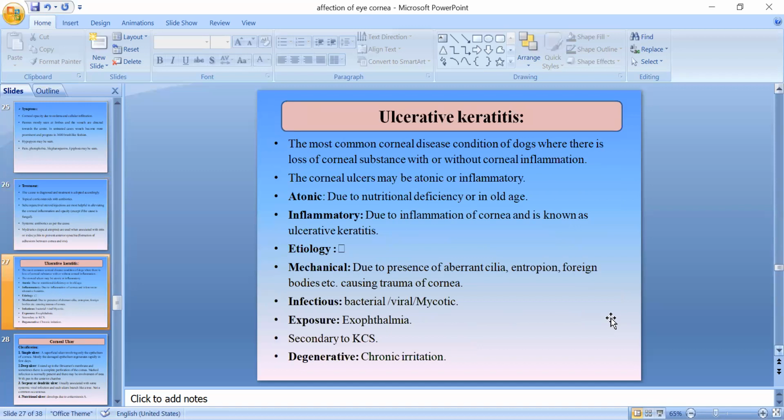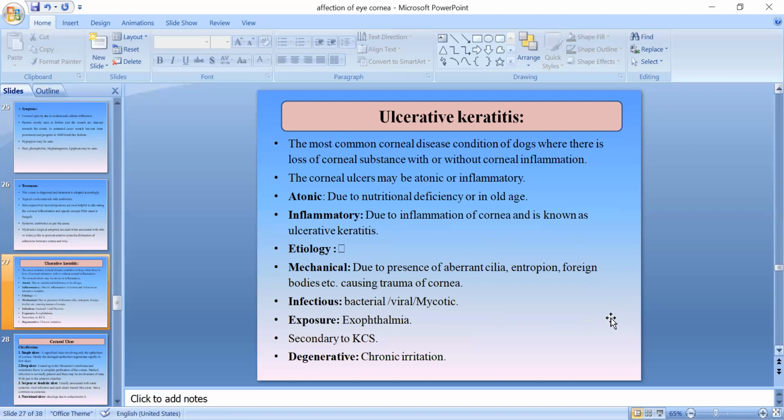Then another is ulcerative keratitis, the most common corneal disease condition of dog, where there is loss of corneal substance with or without corneal inflammation.